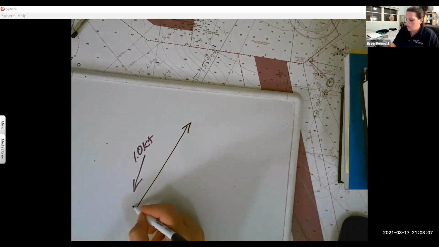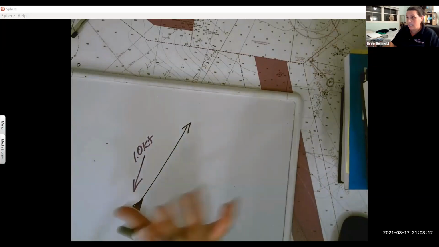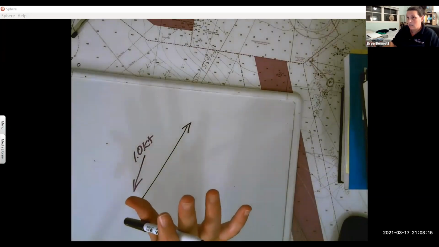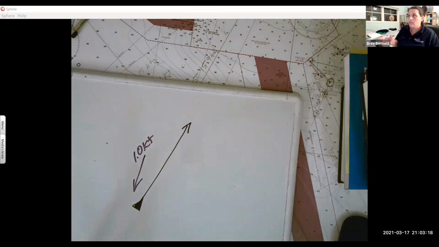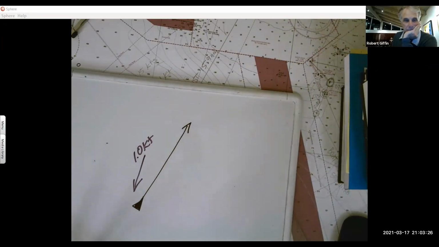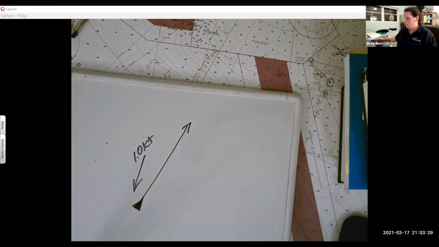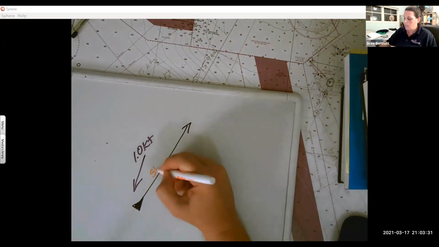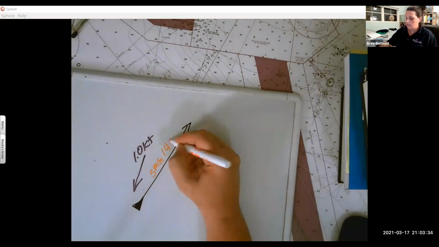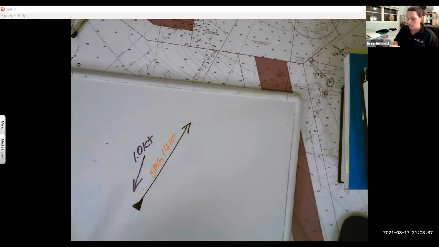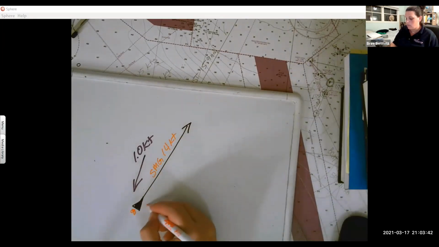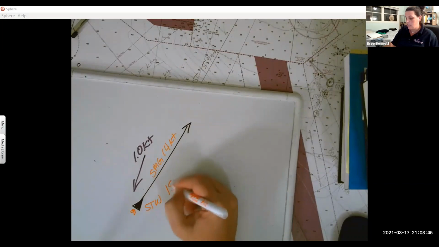So if we are underway and our boat is doing 15 knots, that's what the speed through the water is, essentially. Your actual speed is 14, your speed made good. So your speed made good would be 14, even though your boat is chugging along, whether it's propeller or speed through the water, at 15.